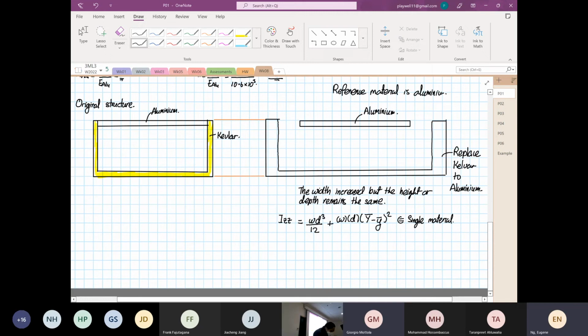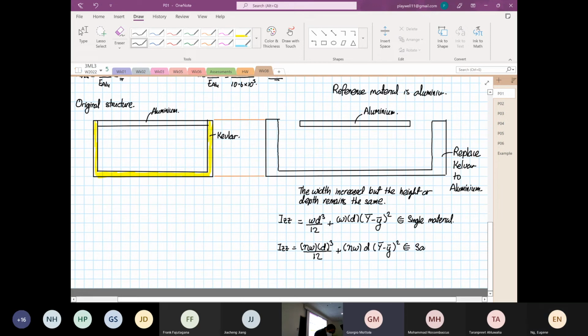For a sandwich material, Izz is equal to N width multiplied by depth cubed divided by what? 12, plus N width multiplied by depth times y bar minus small y bar squared.